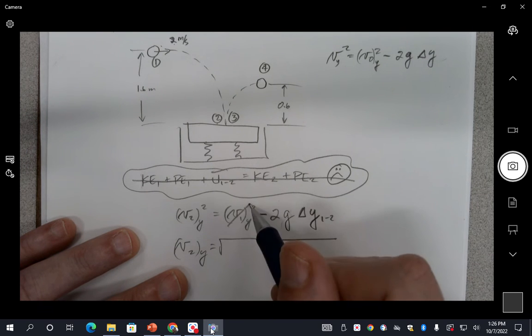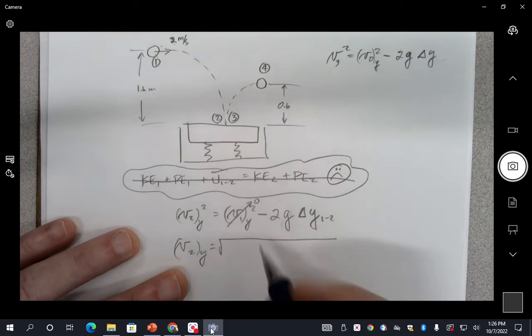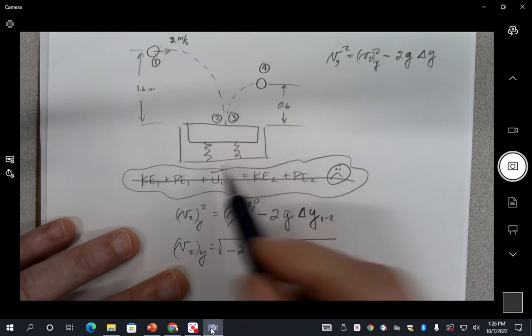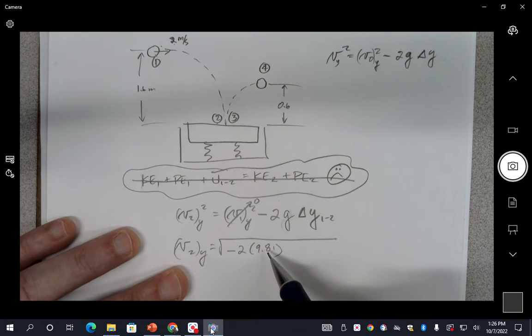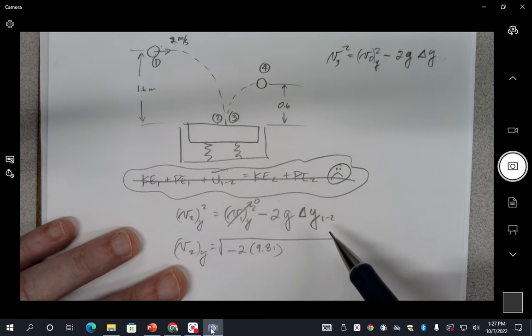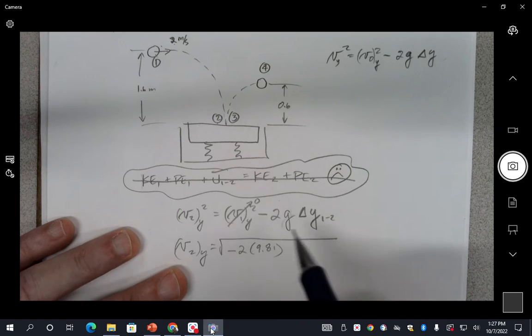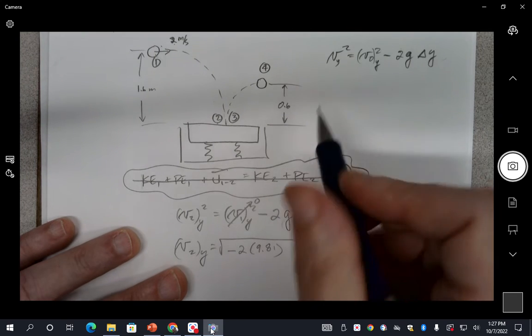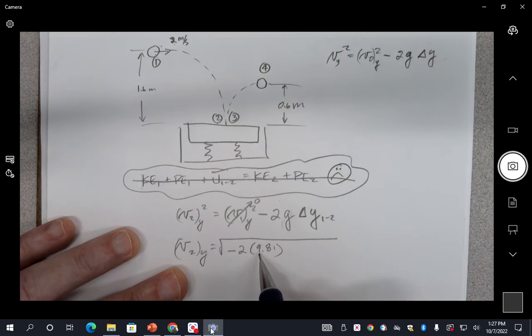It's got 0 in the y direction starting up right there. So you're going to have a negative 2, 9.81. Make sure you get the right acceleration of gravity, otherwise it's incorrect and I take off a point for it. Remember that this is in meters, so we have to use 9.81.